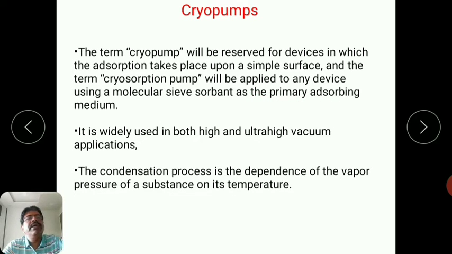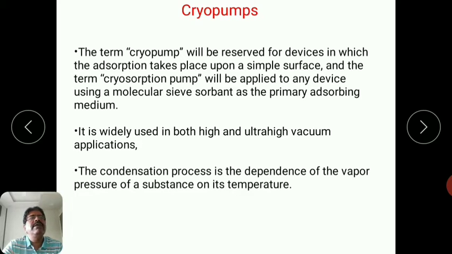So in a cryosorption pump, a special type of molecular sieve is used as a sorbent where the gas molecules will be adsorbed. These types of cryopumps are widely used in both high vacuum and ultra high vacuum applications.